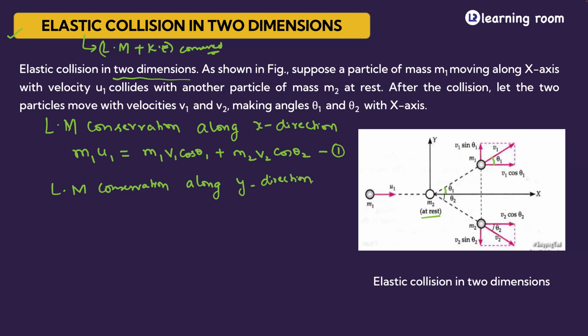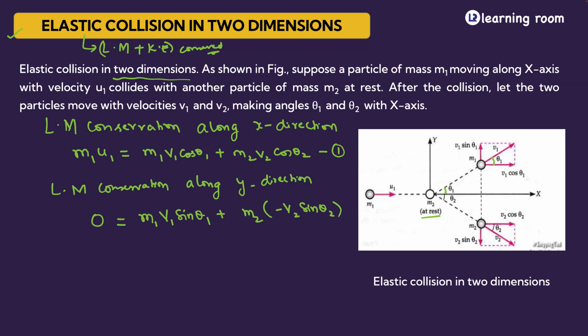Initially, if you observe, the linear momentum of the system is confined only along x direction. So the initial linear momentum along y direction is 0 because u1 is there along x, there is no velocity along y, and m2 by default is at rest. So 0 is equal to, can you tell me what I should write there? For the right hand side, I will write m1 v1 sin theta 1 plus m2 into minus v2 sin theta 2, because v1 sin theta 1 is upward.